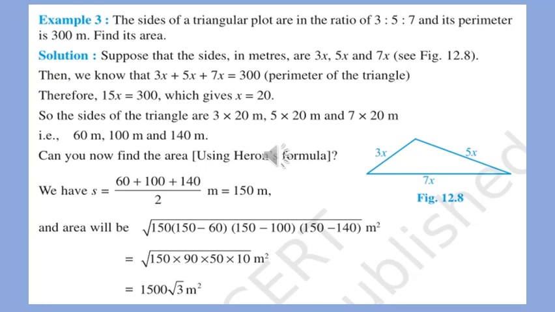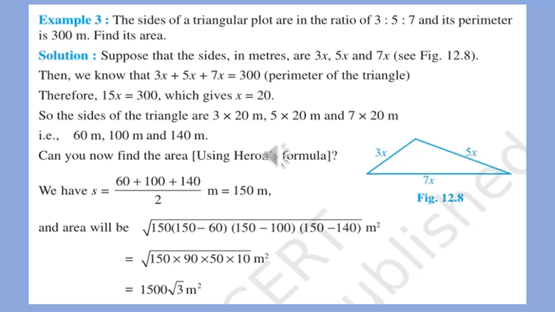The sides of a triangular park plot are in the ratio 3:5:7 and its perimeter is 300 meter. Find its area. Here, dear students, sides are not directly given, the ratio is given, and you are aware that when ratios are given we take a variable.